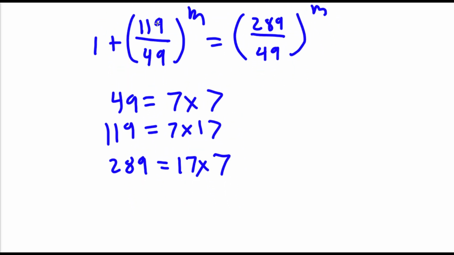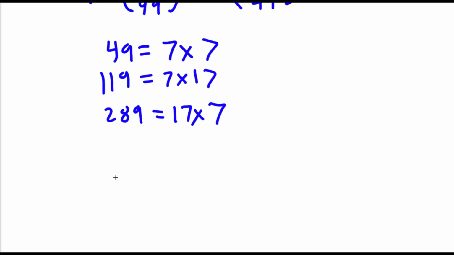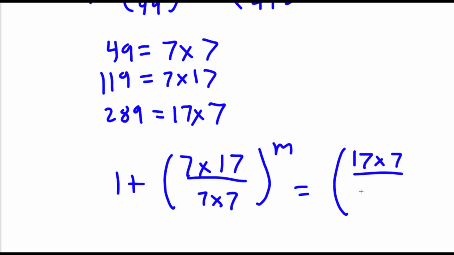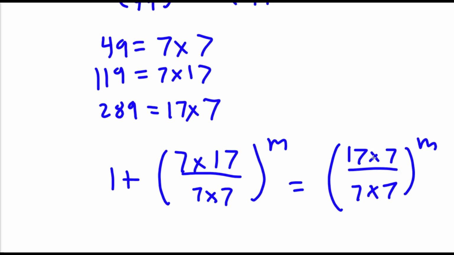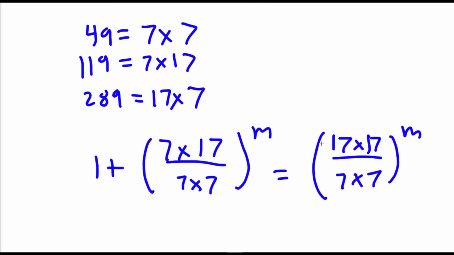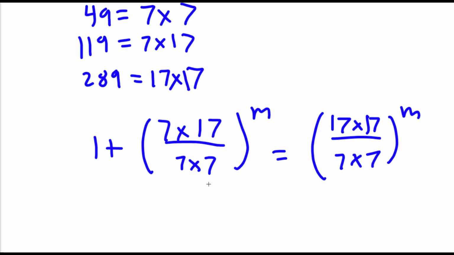So now if I replace these values into our equation, I get 1 plus 7 times 17 over 7 times 7 to the power of m is equal to 17 times 17 over 7 times 7 to the power of m.